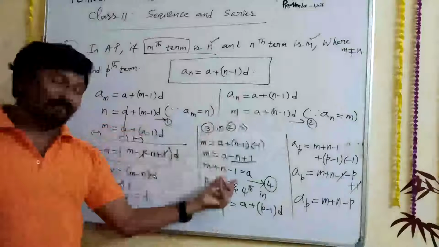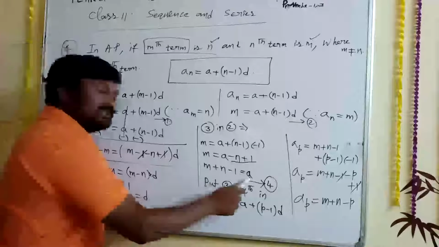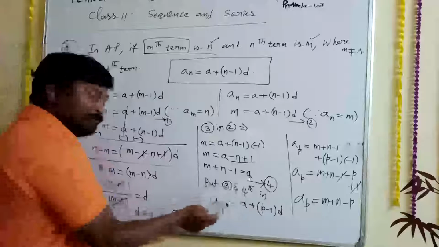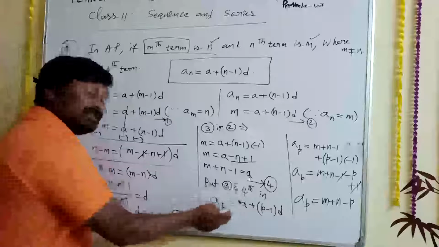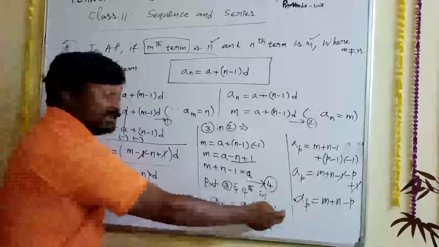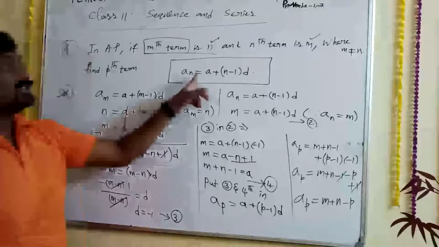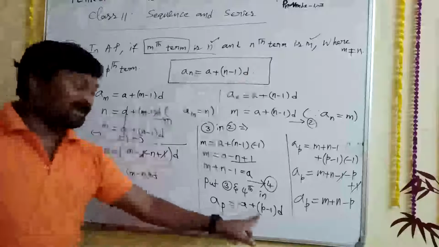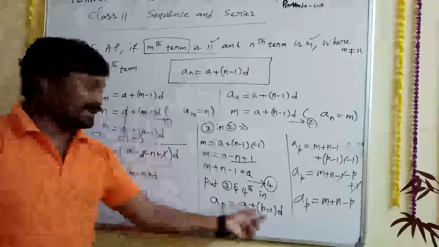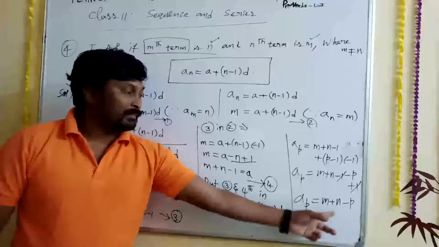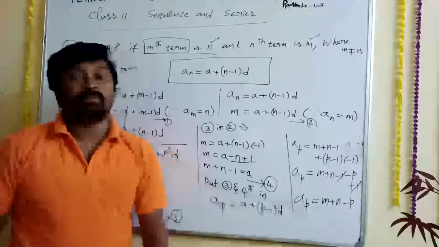I got then the a value. So once you get the d and a values, what is a_p? The pth term is equal to a plus p minus 1 into d, because the nth term means a plus n minus 1 into d. Pth term means a plus p minus 1 into d. When the a and d values are substituted, you get the answer as m plus n minus p. I hope you all understood.